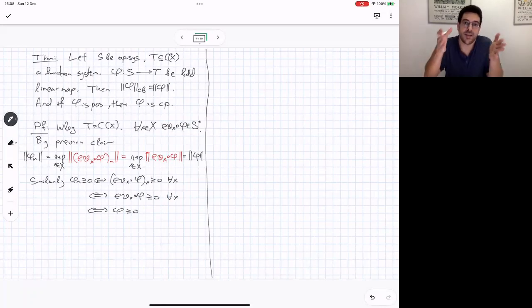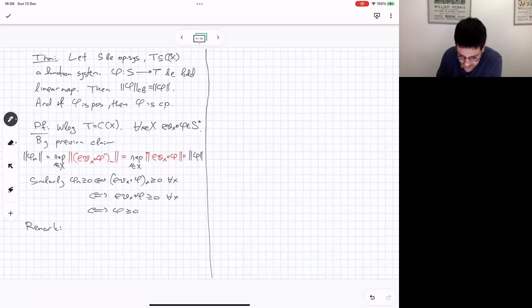Because you do it pointwise, at any point separately, once you proved it for linear functionals, you proved it. Okay. So I'm done with this theorem.